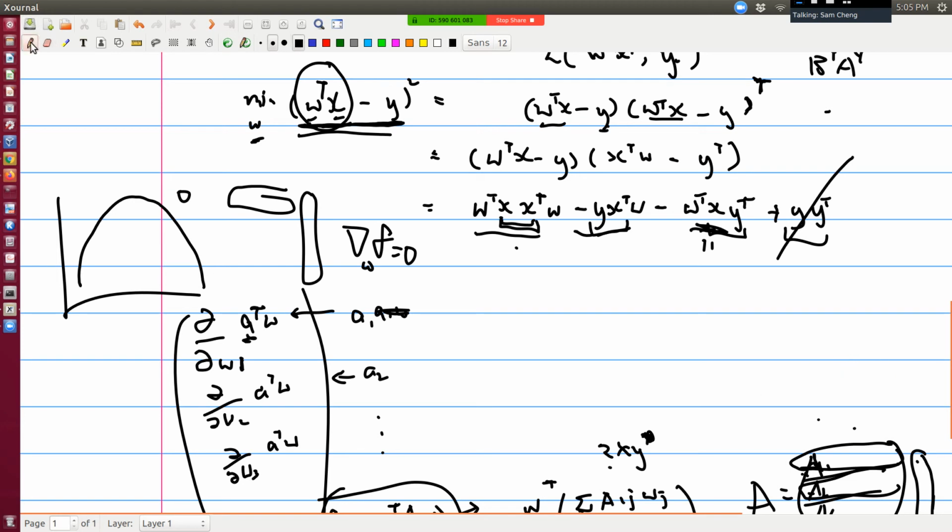What we have here is just X transpose times W plus X transpose times W, that's the gradient of this with respect to W, minus YX.